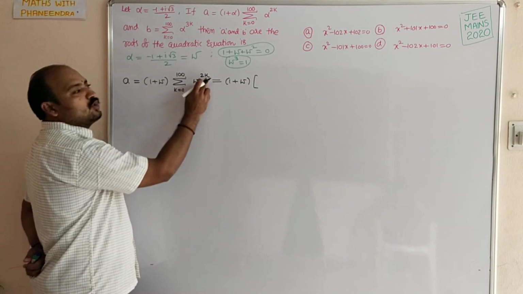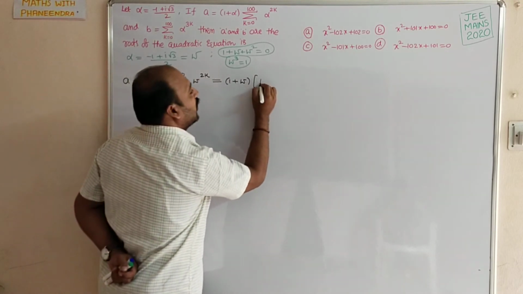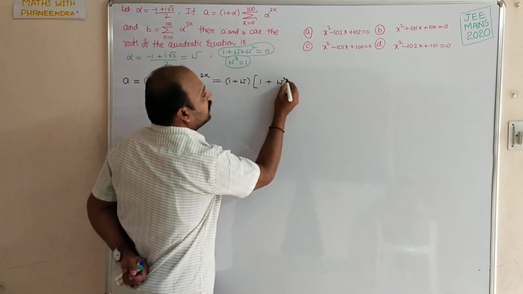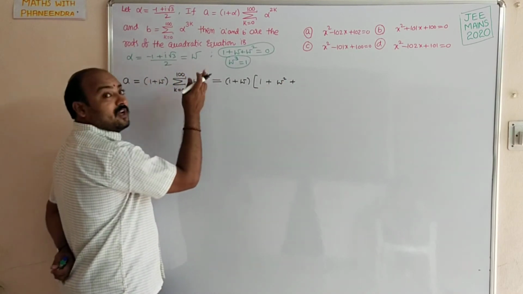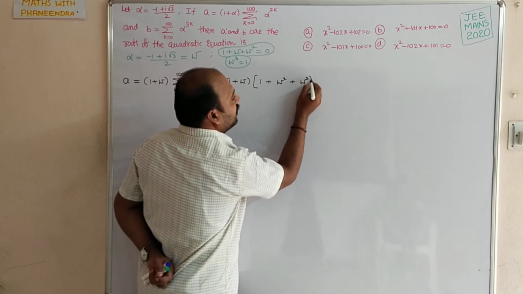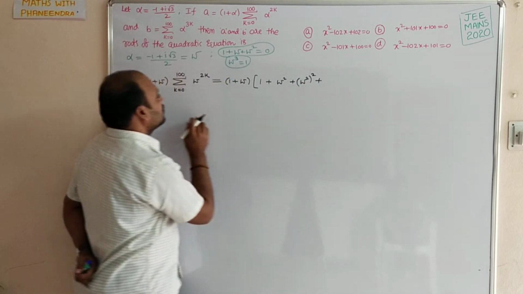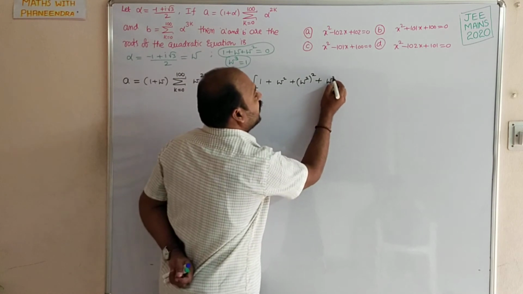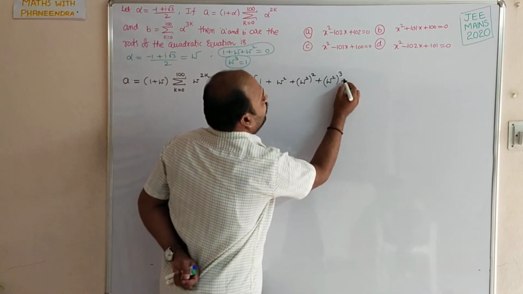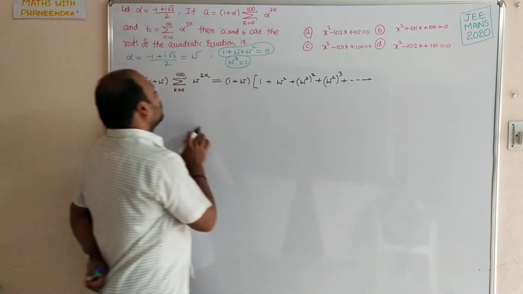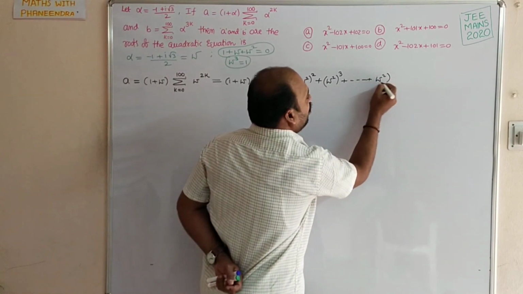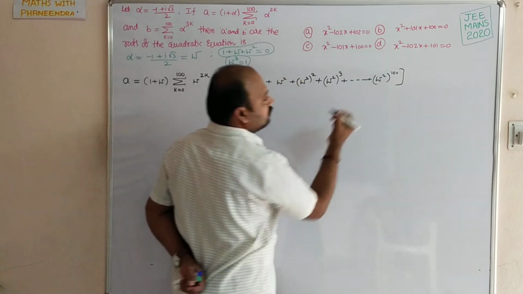K is equal to 0, substitute omega power 0. Plus k is equal to 1, substitute omega square. K is equal to 2, substitute omega square whole square. Plus k is equal to 3, substitute omega square whole cube, plus and so on till k is equal to 100, omega square whole power 100.